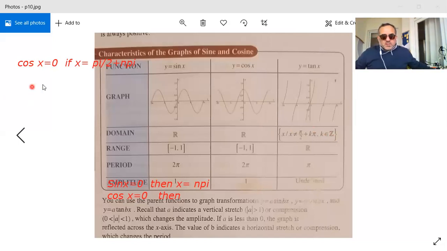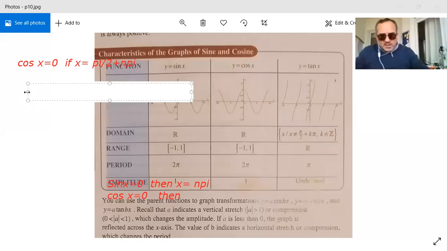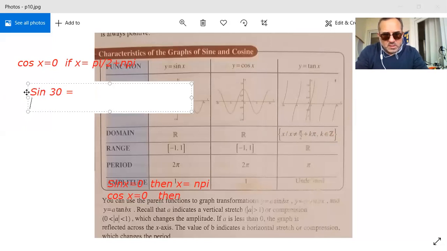And I will bring a question like, for example, sine 90 equal to what, or sine 30 equal to, choose the correct answer, or cosine, for example, pi over 5 or pi over 6 equal to.